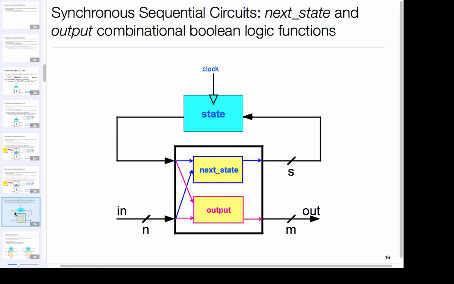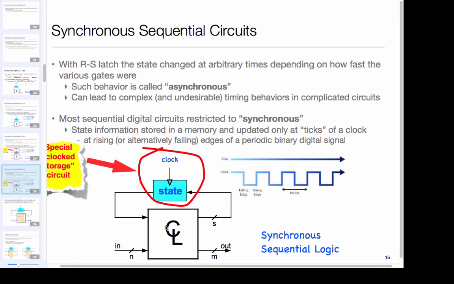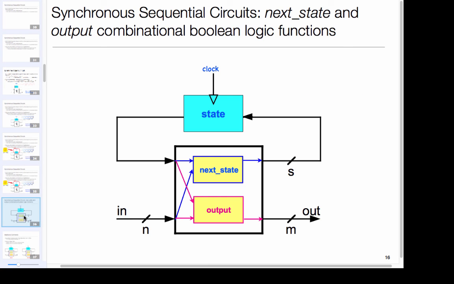Now the claim is that any memory-oriented circuit I can design with this kind of structure. That is, I have the storage device, and everything else is combinational logic. But this combinational logic has a very specific structure, with two parts. One part we'll call the output logic.